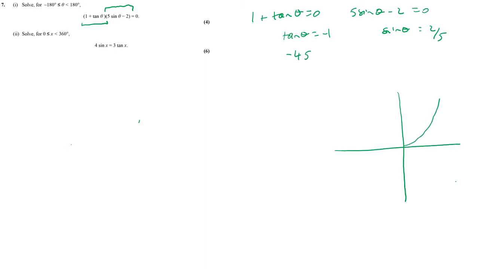The tan graph looks like something like this. That's negative 90, I have it something like this. That's negative 90, that's negative 180 down there.